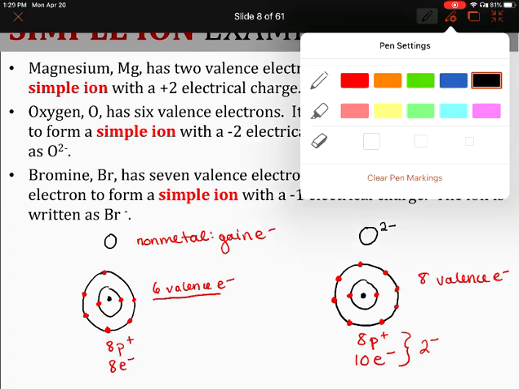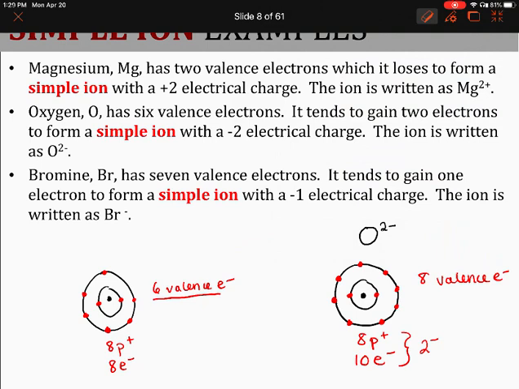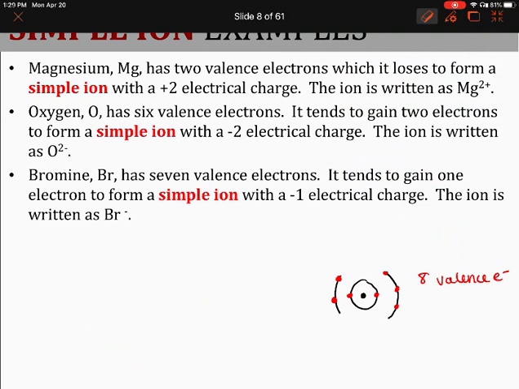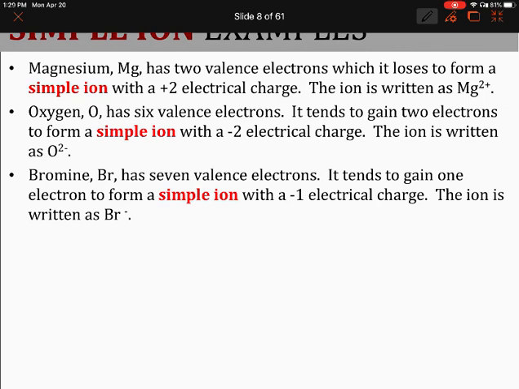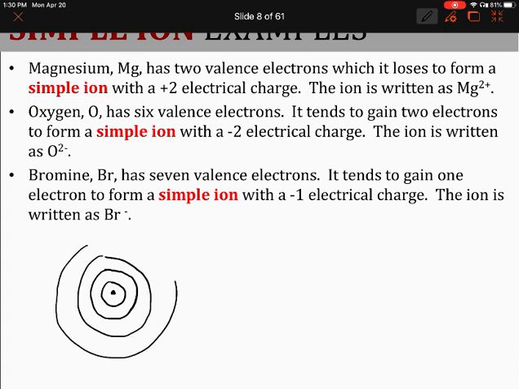Okay, and then last but not least, let's go over bromine. So bromine is in row 4, and it has 7 valence electrons. So I'm going to skip drawing all of the electrons for bromine because it does have 35 electrons. So instead, I'm just going to draw the 4 energy levels for bromine, and then the 7 valence electrons in the outer energy level.